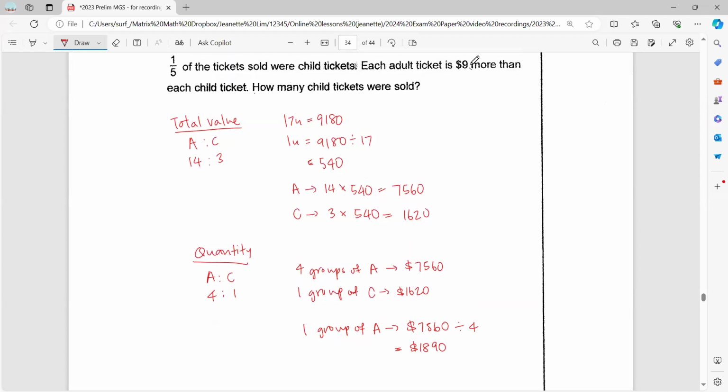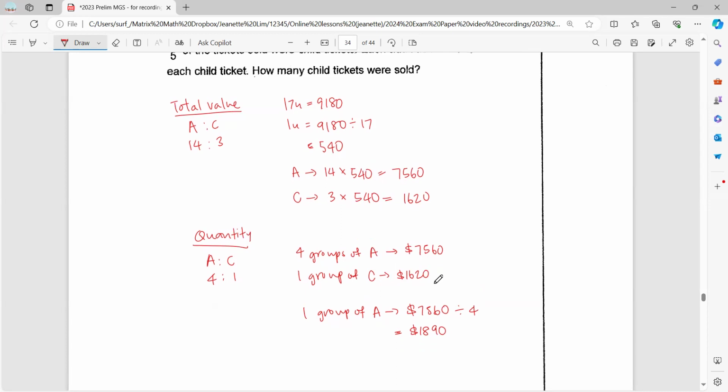Is the difference just $9? $9 is the difference between 1 adult ticket and 1 child ticket, right? But evidently, this is not just a difference of $9. So let's find out what this difference is. So we take 1,890 minus away 1,620, which is $270.